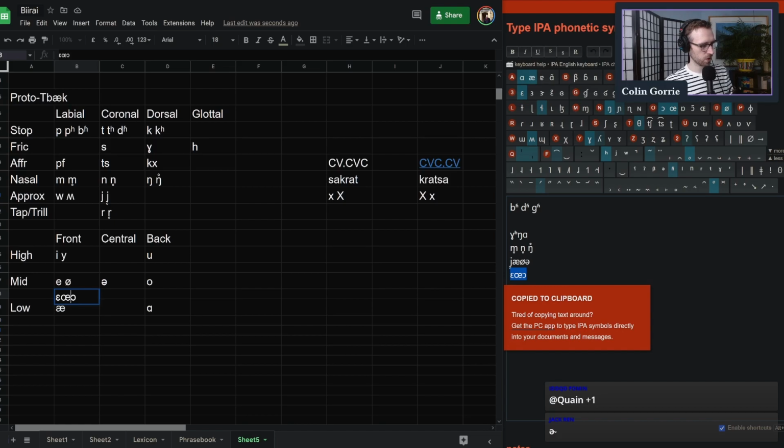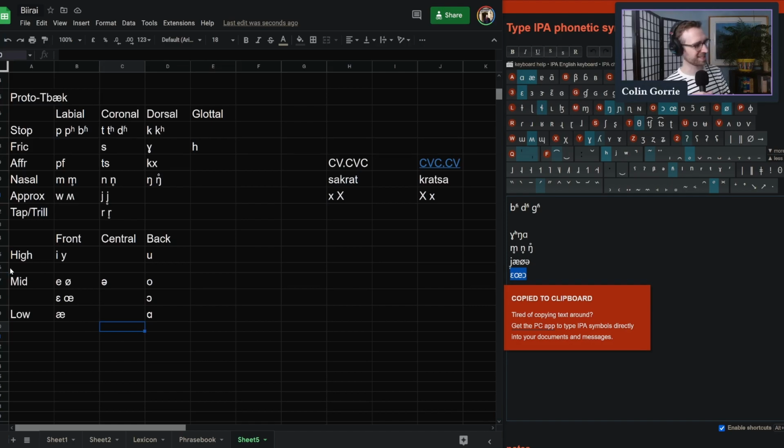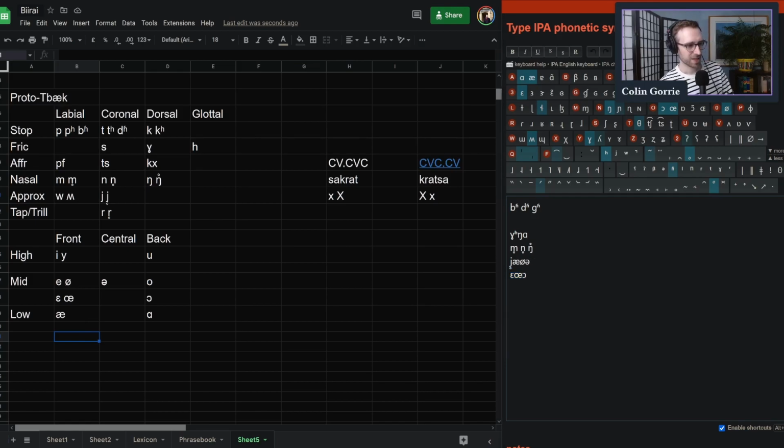So o. That's kind of nice. And don't ask me why, but I kind of have a hatred for these mid-high vowels. I don't know why. I just don't like them. I don't like them very much. I know I speak a language with them, but maybe that's why. Familiarity breeds contempt, something like that.